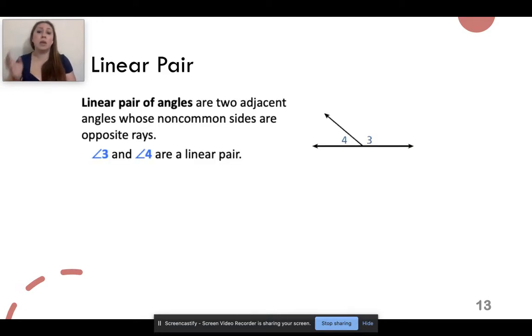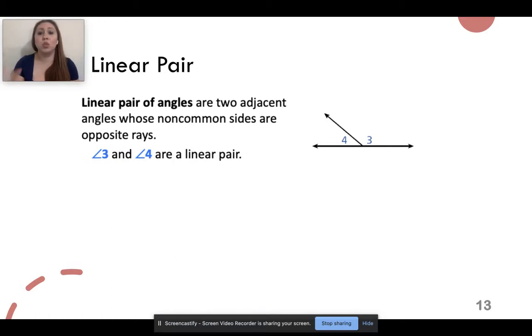Linear pair. Now, this is very similar to adjacent angles. You're going to have a straight line and you're going to add two angles together to make a straight line. So linear pair of angles are two adjacent angles whose non-common sides are opposite rays. So angle 3 and angle 4 are linear pairs.